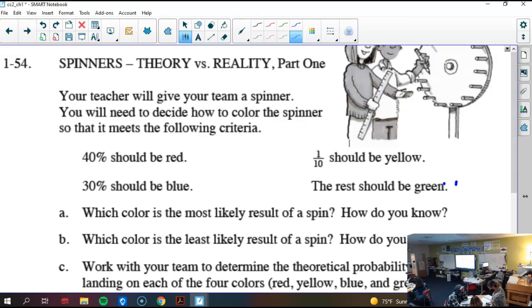What do you guys notice about this before you start? I know it's hard to count and keep track of which one you already counted. So 40% needs to be red. How did we figure that out?